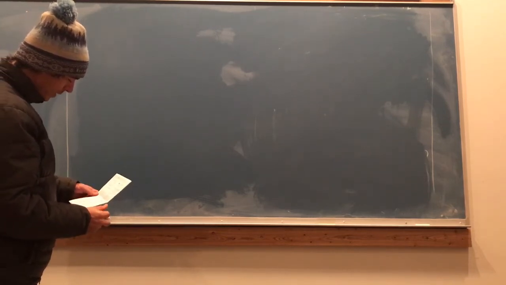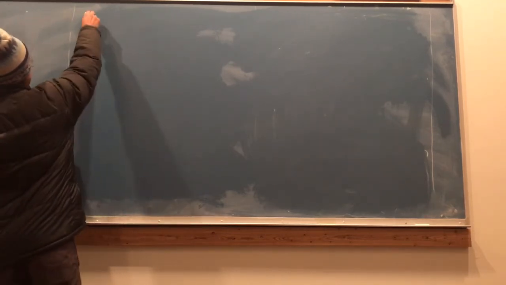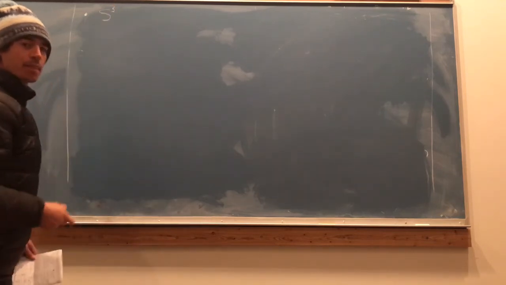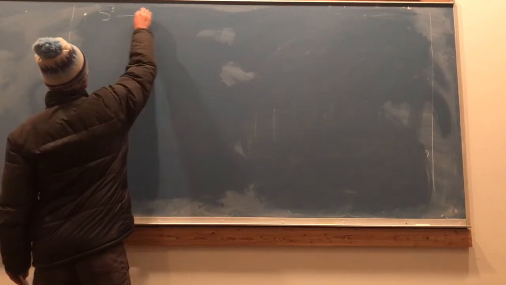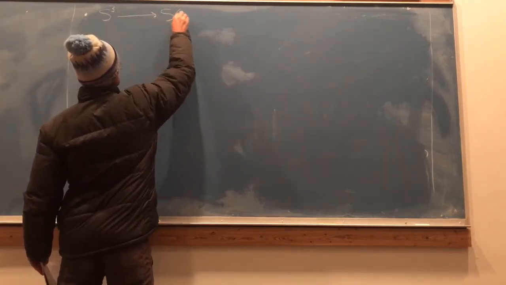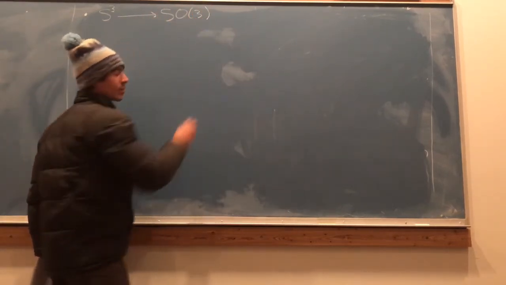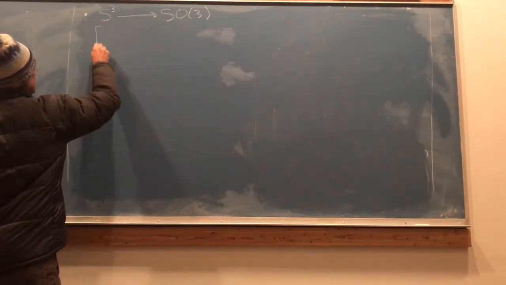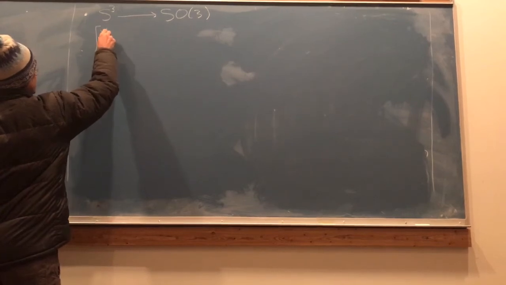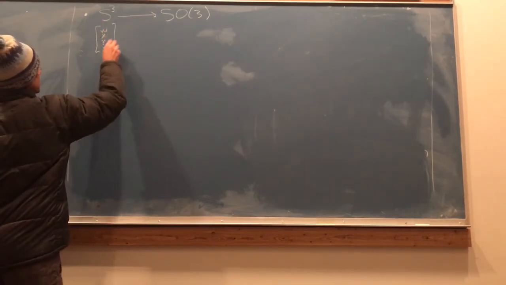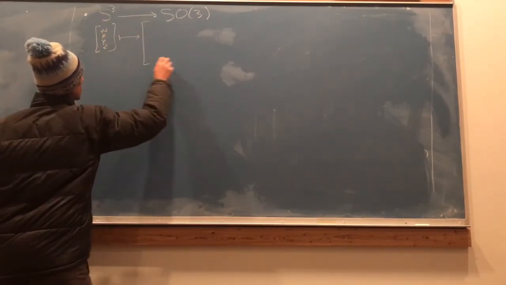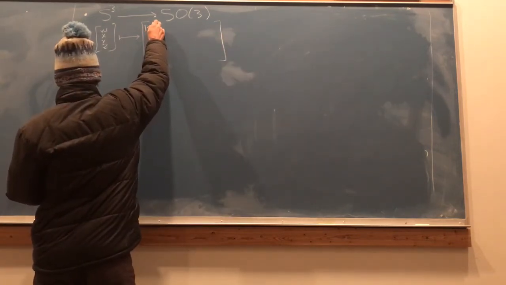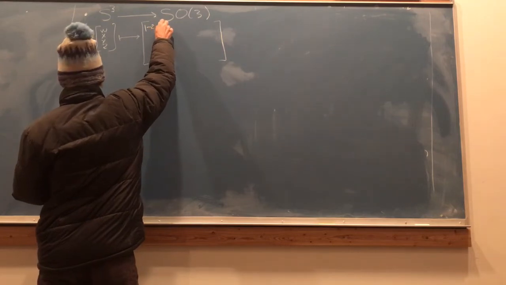I was going to give another example. I guess I will. So there's a wonderful map from the unit vectors in R4 to SO3, the rotations of three-dimensional space. It's given in terms of W, X, Y, Z. It's given like this: 1 minus 2y squared, and so on.